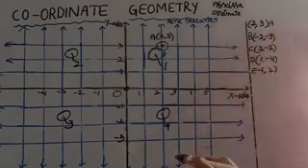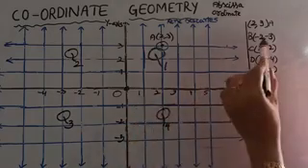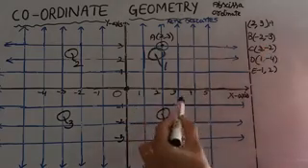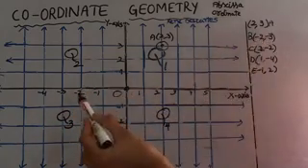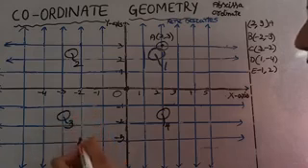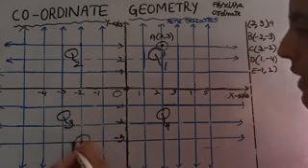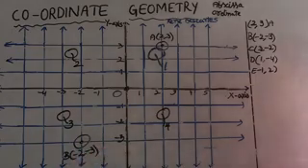Next one, B (-2, -3). -2: the first one should always be taken on the x-axis. -1, -2 and -3. -3 means where we have to take here. -2, -1, -2, -2, -3. B (-2, -3).